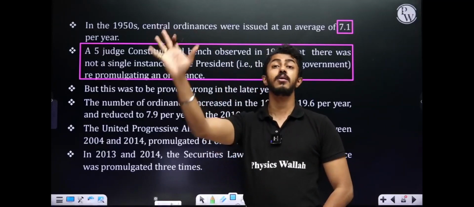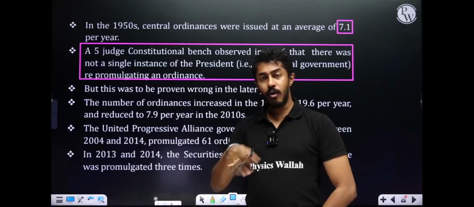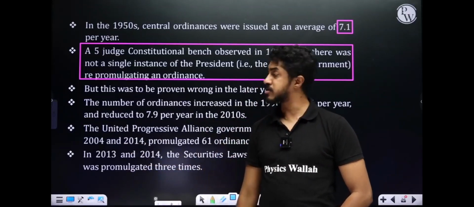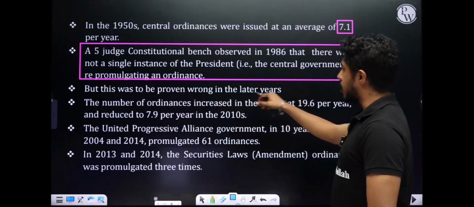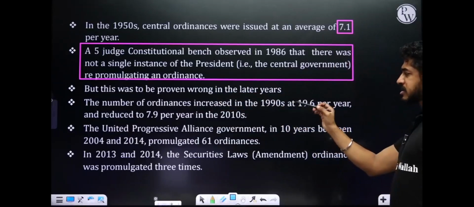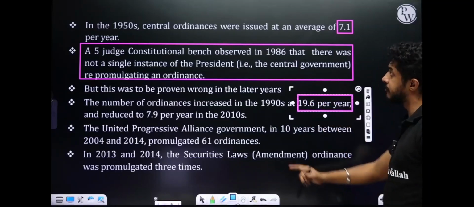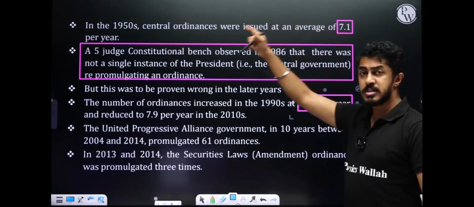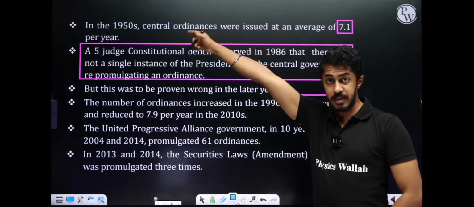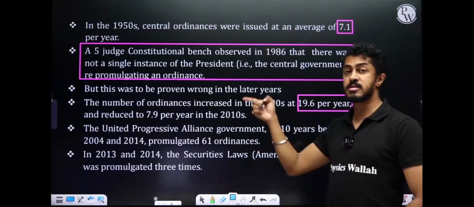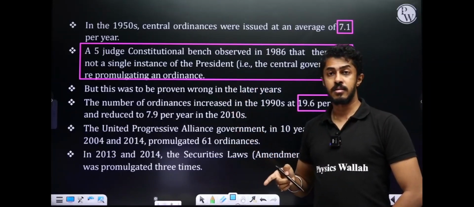Re-promulgation was unheard of. But all of that changed in the subsequent years. The number of ordinances increased in the 1990s to 19.6 per year. Observe, 7.1 in the 50s, 19.6 in the 90s.